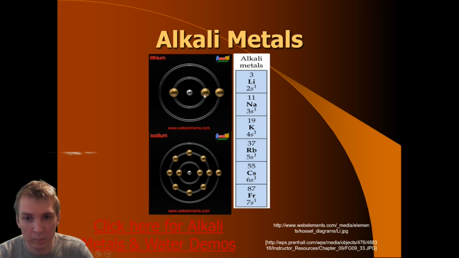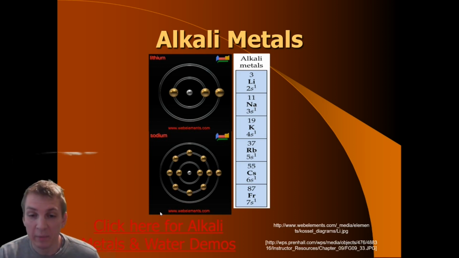This is lithium, so this is the 1s2 orbital, s2 meaning that there are 2 electrons, and then this is the 2s orbital, and there's only 1 electron there. For sodium's energy levels, this is the first energy level right here, and this is the second energy level. So we have 1s2, and then 2s2 and 2p6 form 8 electrons, and then 3s1 is the ending for sodium, so that's where that one valence electron is.